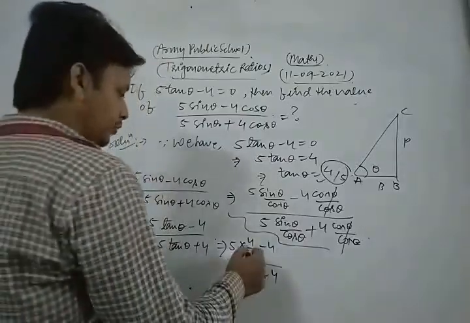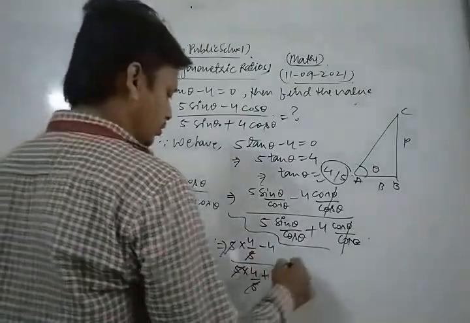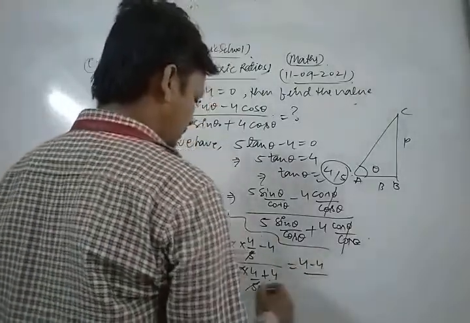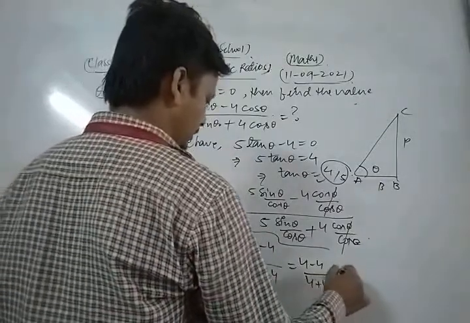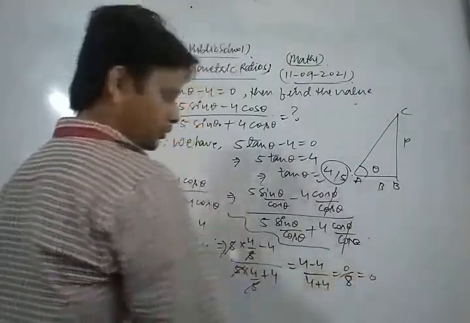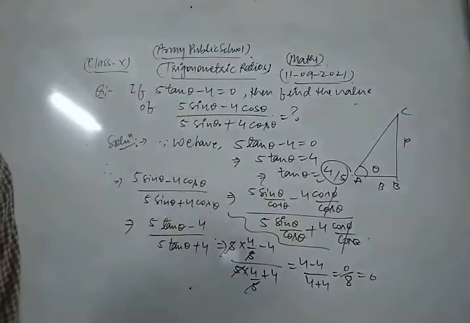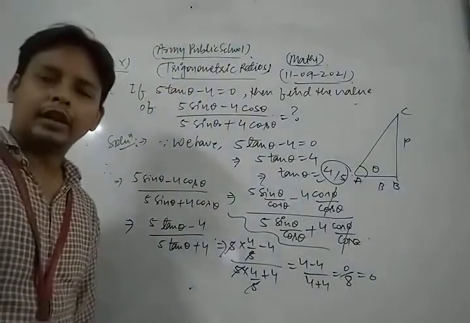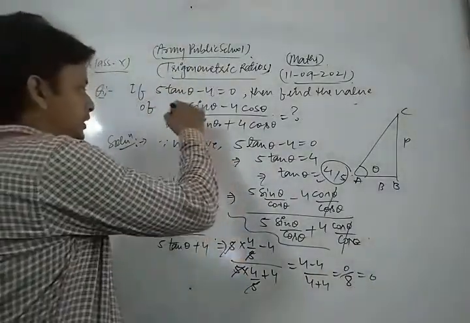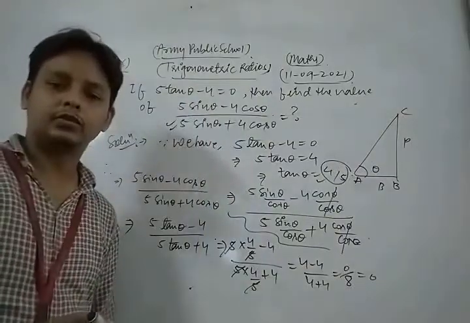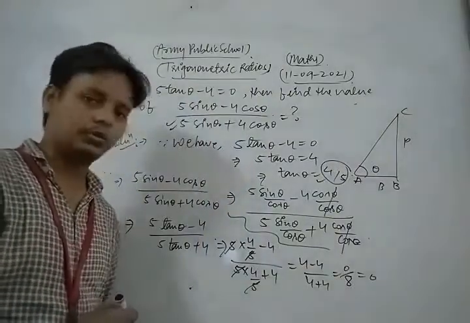Now we simplify: 5 cancels, so we get 4 minus 4 upon 4 plus 4, that is 0 upon 8, that is 0. So in this way the value of the given expression is 0.